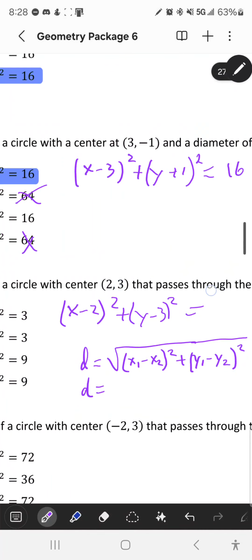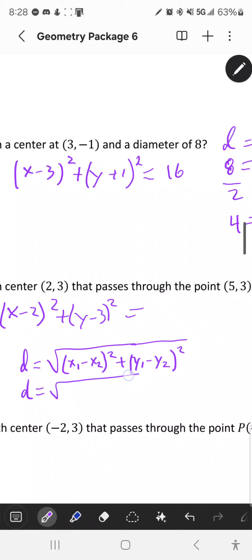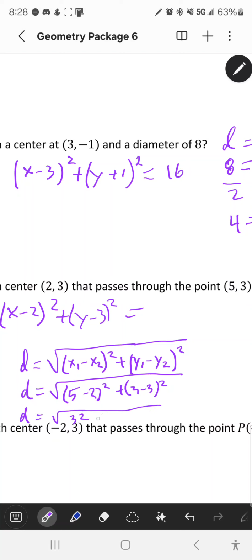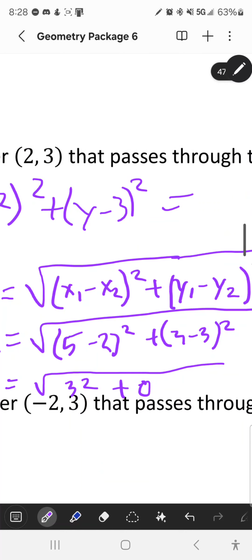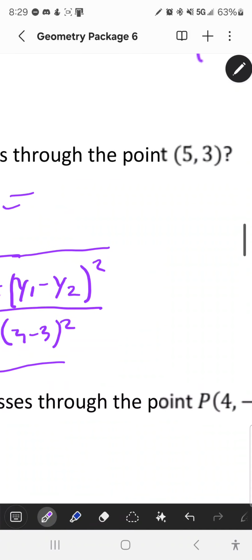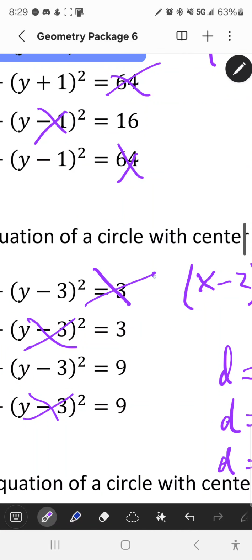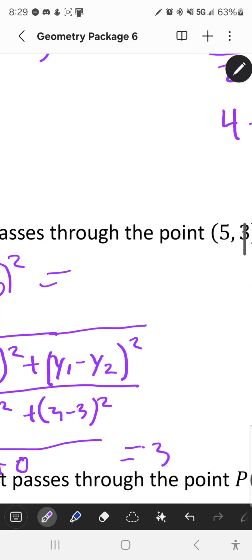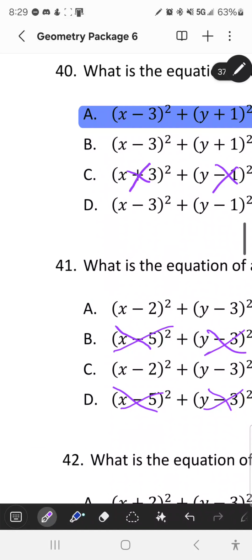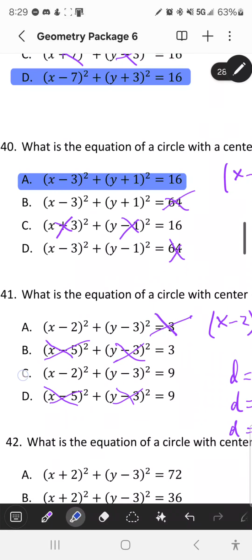So with 5 minus 2 squared plus 3 minus 3 squared, this will be equal to the square root of 3 squared plus 0, and the square root of 3 squared is just 3. So 3 is our radius. But our answer is not 3 because that's our radius. We're looking for radius squared, which is going to be 9, which is option C.